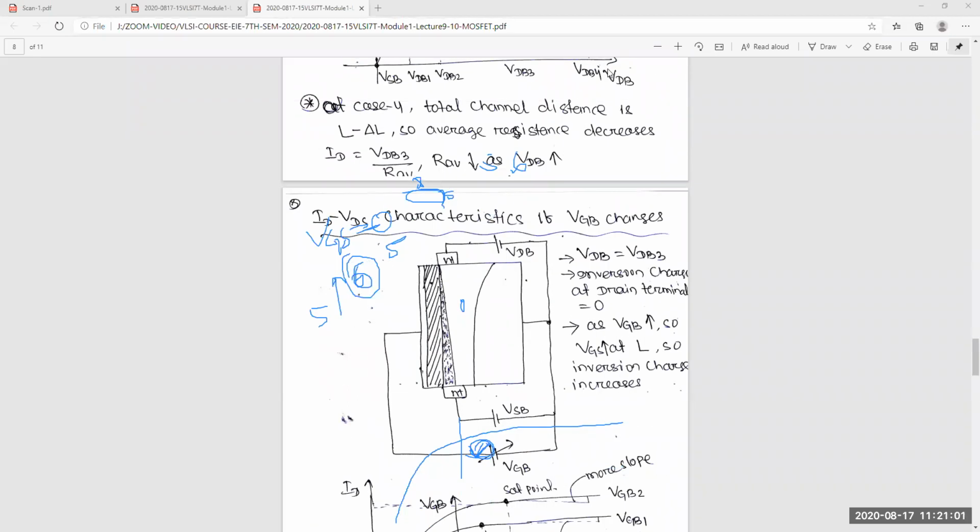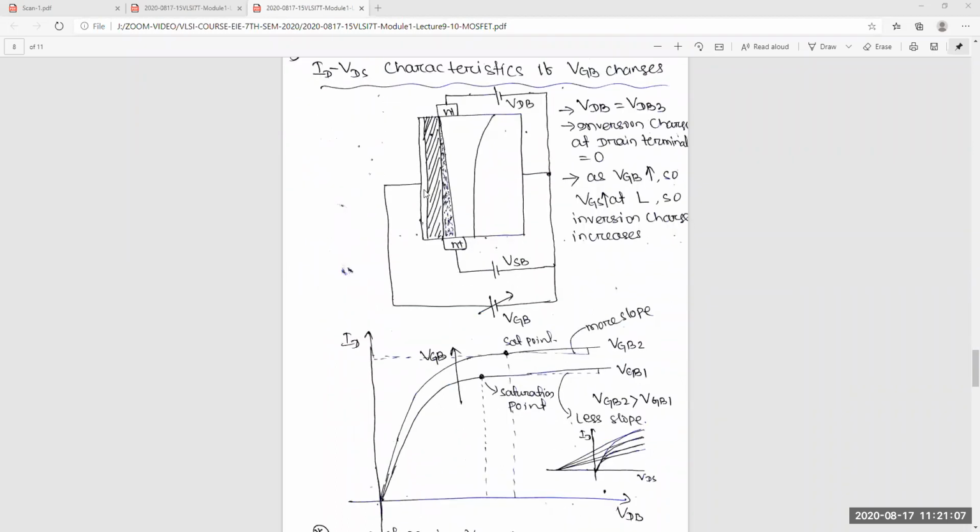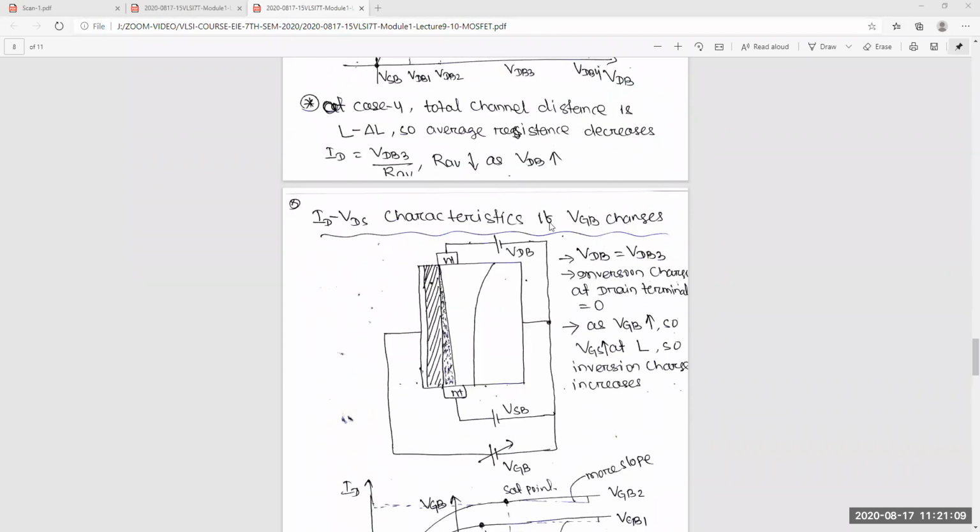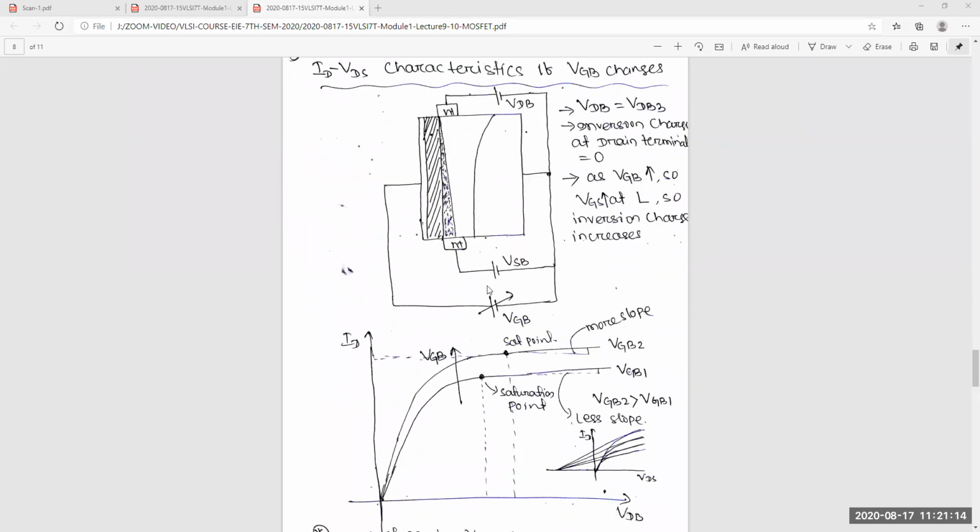Yes or no? Yes, sir. So you can easily visualize that if you increase VGB, the current increases and the threshold point also shifts. Also, at more voltage, if you increase VGB, then the slope also increases.